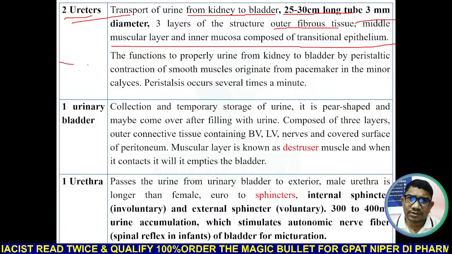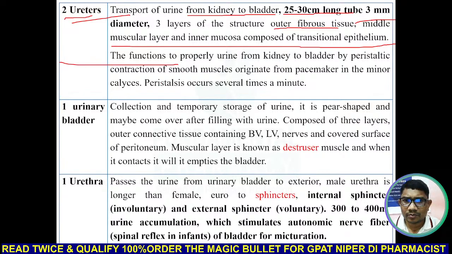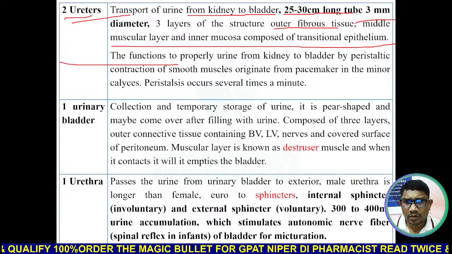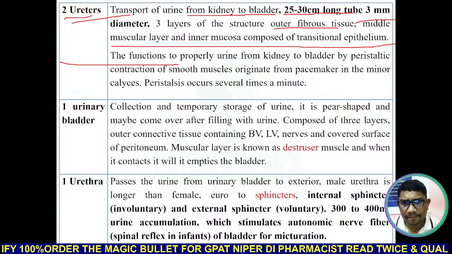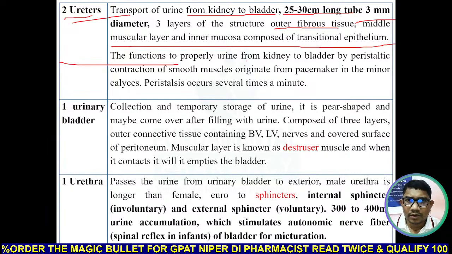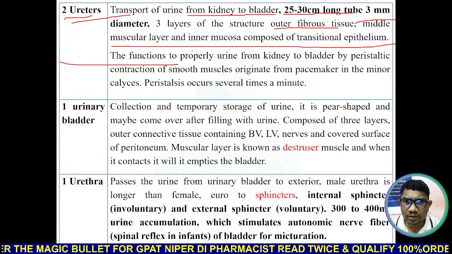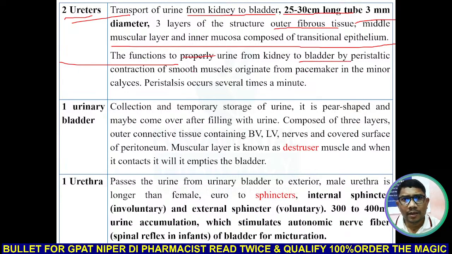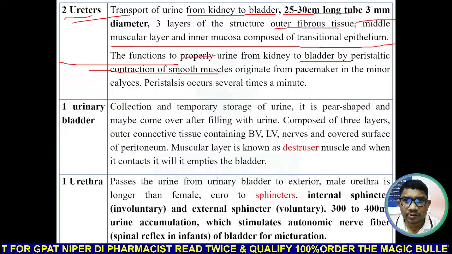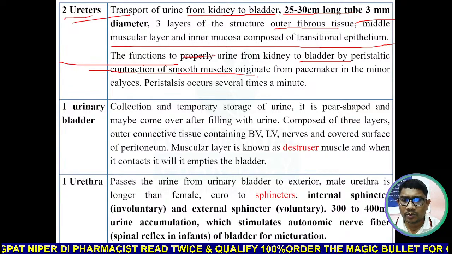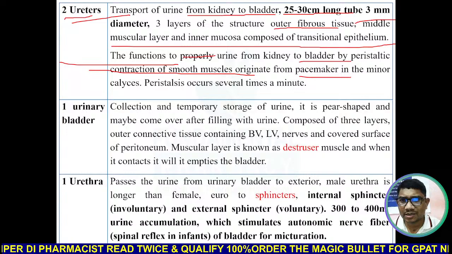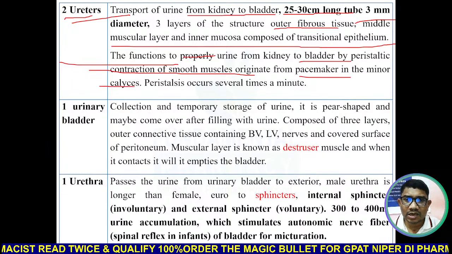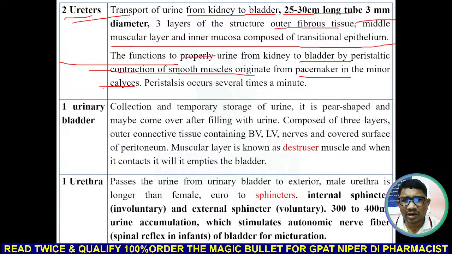What is the function? It transports urine from the kidney to the bladder by peristaltic contractions of smooth muscle, which originate from a pacemaker, the minor calyces. Peristalsis starts from the minor calyces, with rhythmic contraction of smooth muscle.